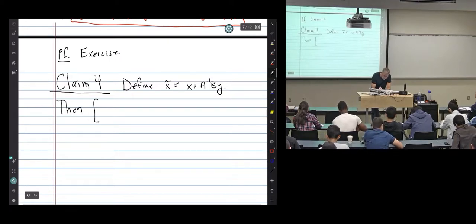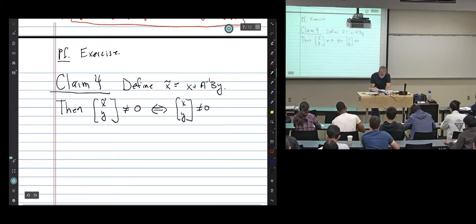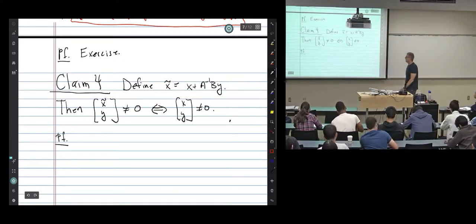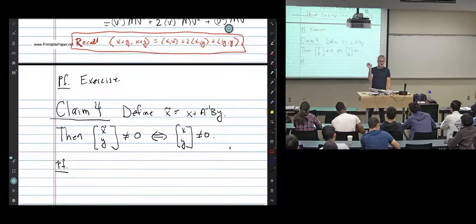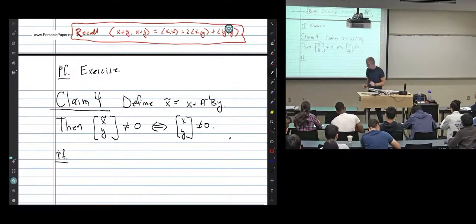Then the vector x tilde, y is not equal to the 0 vector if and only if the vector x, y is not equal to the 0 vector. Okay, so I think this is what you wanted in the previous proof, but we didn't need it. And this one we do, okay?